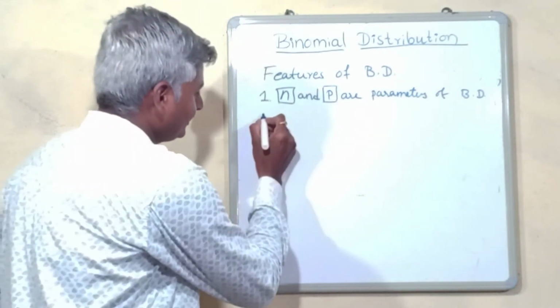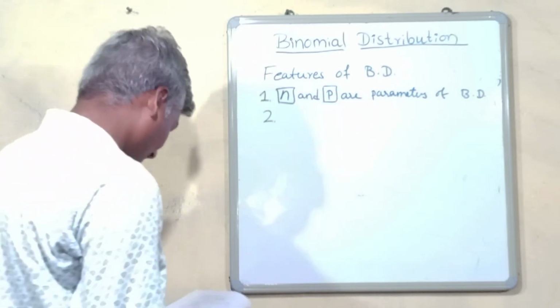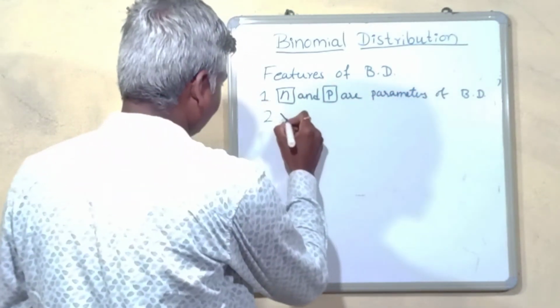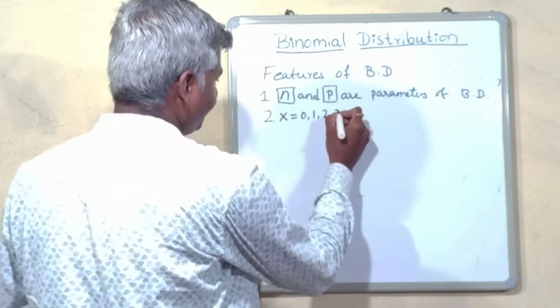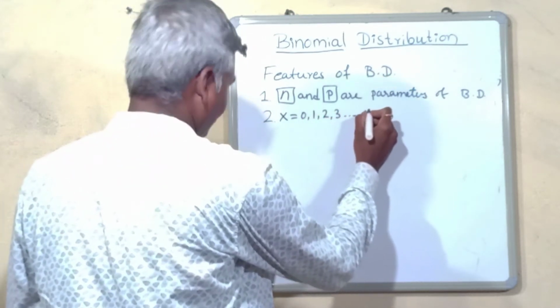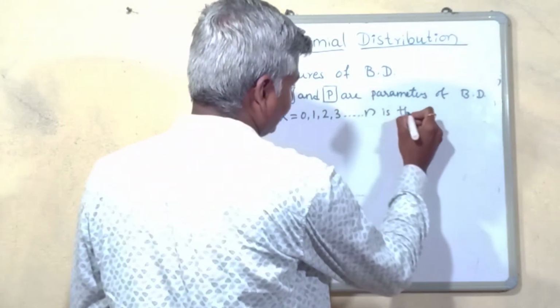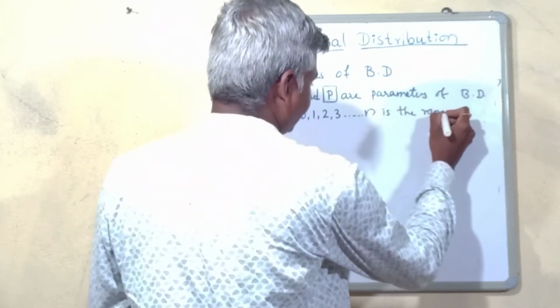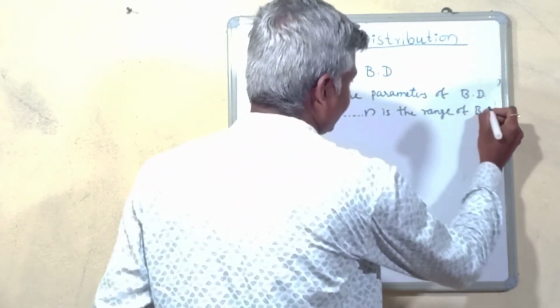Then a second feature of binomial distribution is x equals 0, 1, 2, 3 till n, which is the range of the binomial distribution.